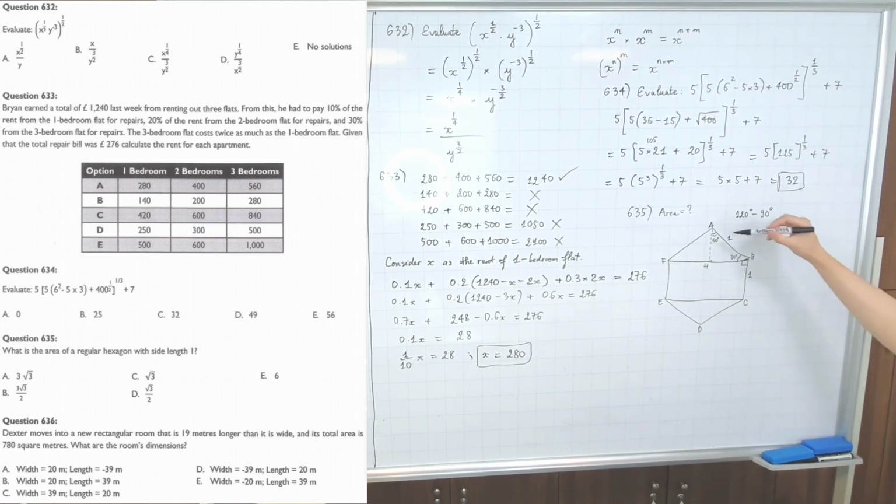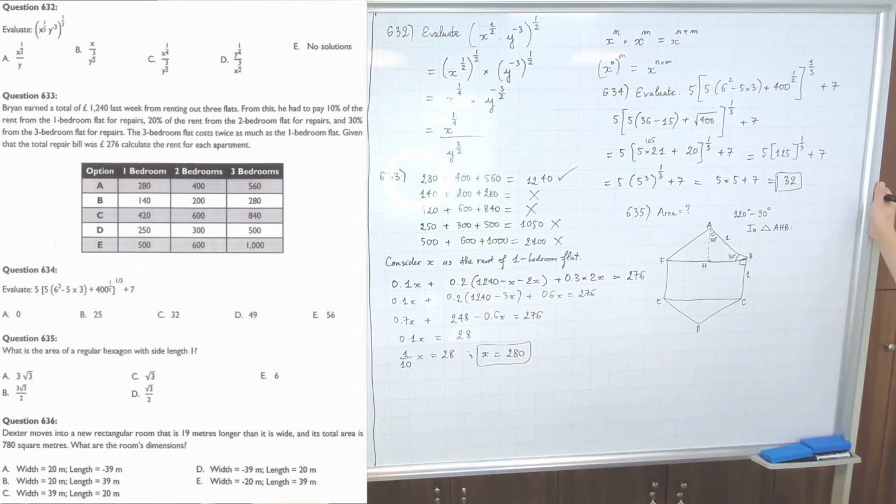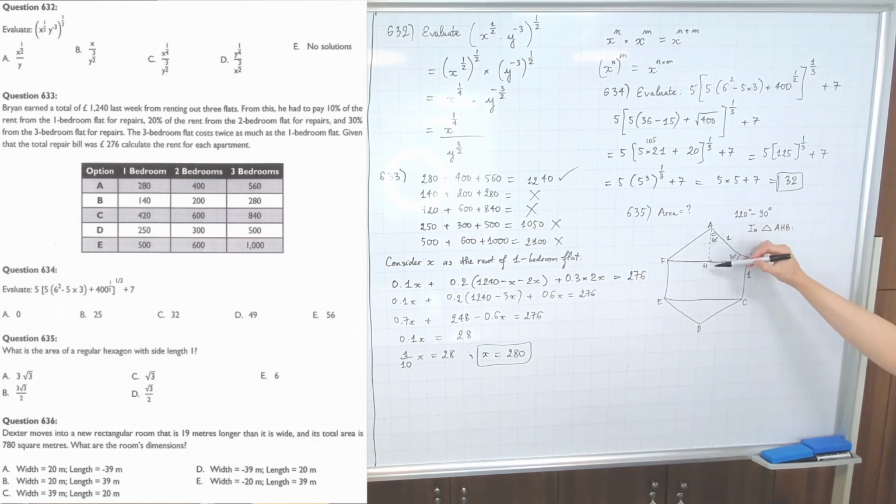So you have one side here. So let's consider in triangle AHB. Mình cần tìm cái đoạn AH này. We need to find AH. So we have this number. So we have this one opposite of this angle, and we have the hypotenuse.